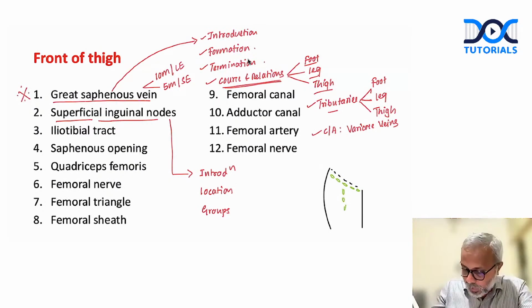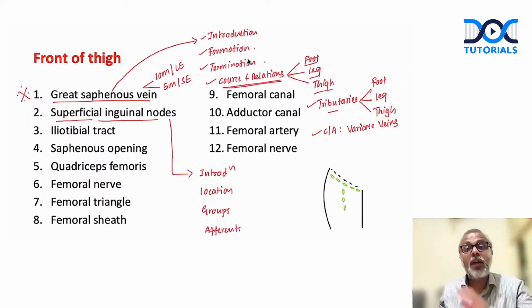Now, apart from groups, we need to talk about the afferents. From which part of the body the superficial inguinal nodes, let's say the horizontal group, medial or lateral, or the vertical group, will receive the lymph. Then, where will this lymph go? Efferents. And of course, end it with clinical anatomy.